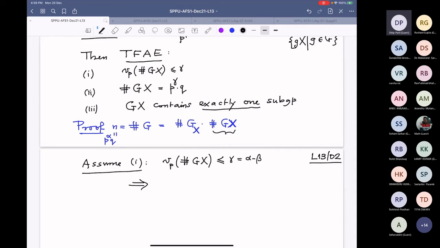So therefore I conclude that Vp of the cardinality of the isotropy has to be bigger equal to, can somebody say? Beta. Very good. Who answered? Sonakshi. Yes, so it's bigger equal to beta. This is obvious.